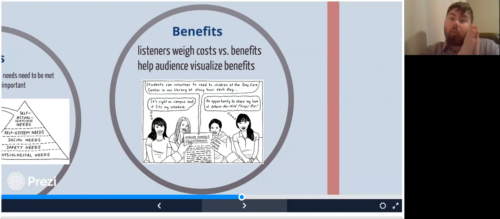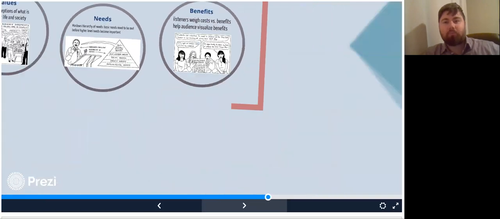On the one hand, eating is a fundamental basic need. Remember, we're talking about the hierarchy of needs: the physiological need of eating. People will go out there and risk their health to get food, but they're not going to risk their health to fulfill their social needs of getting together with their friends.